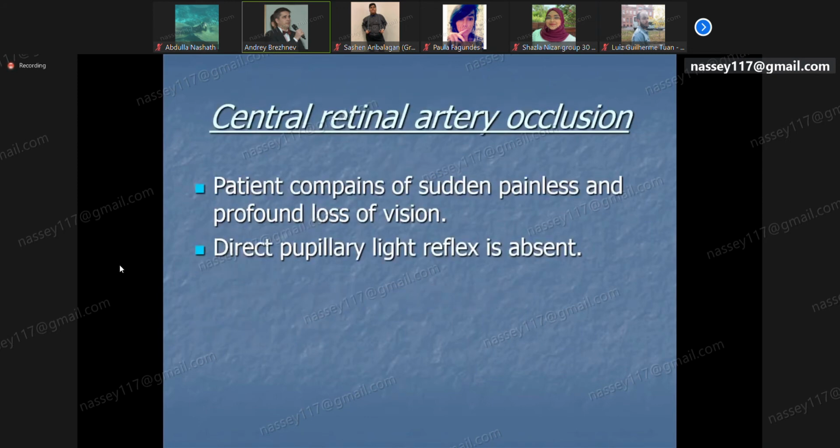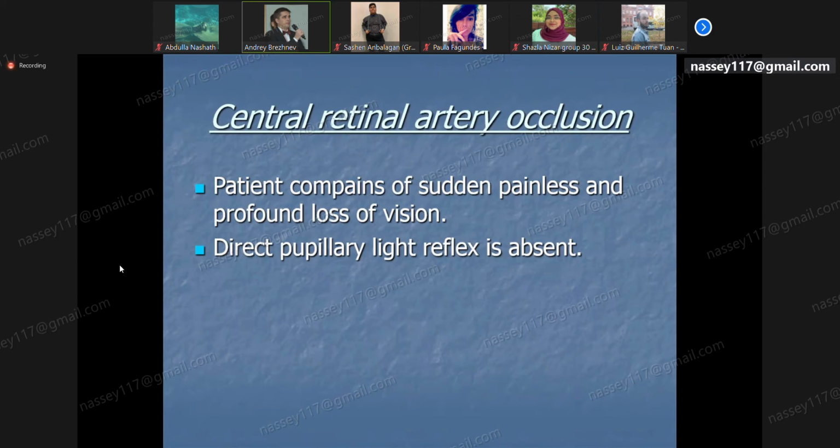Clinical features of arterial occlusion depend on the size and location of the obstructed vessels and the severity and duration of the obstruction. Usually we can't see patients' complaints of sudden pain, because it's mostly a painless condition.